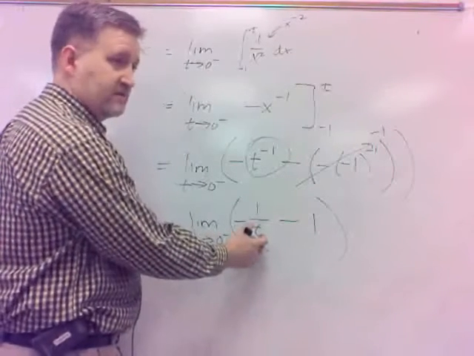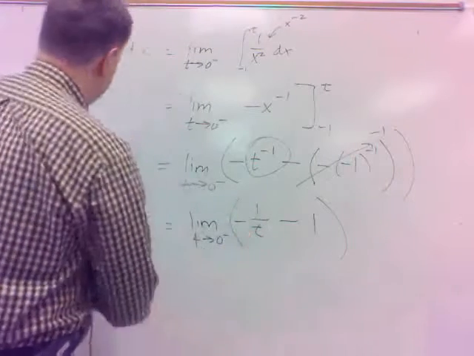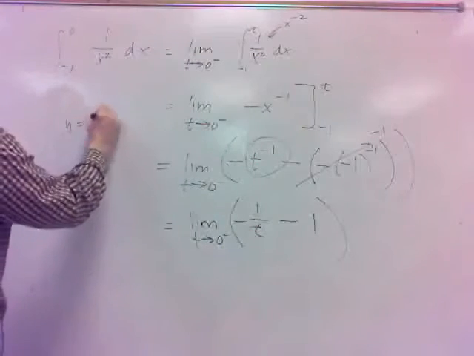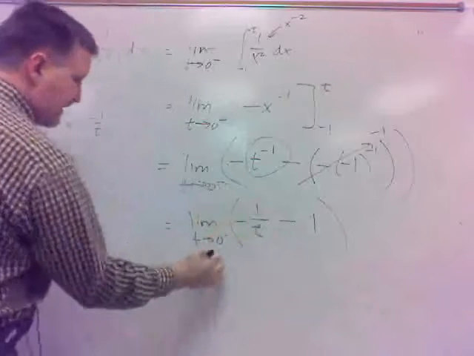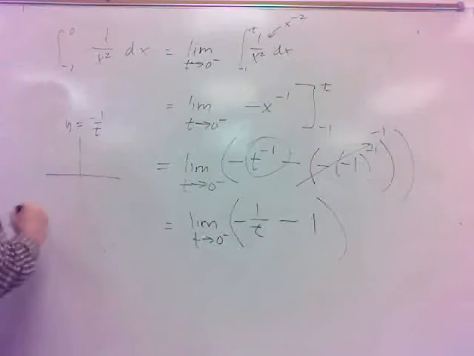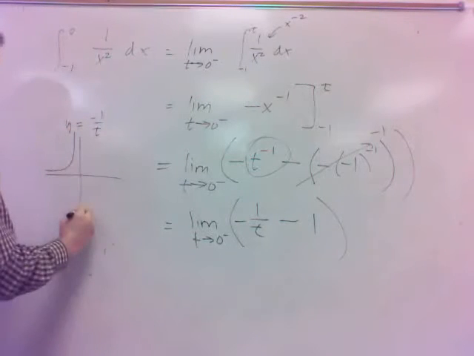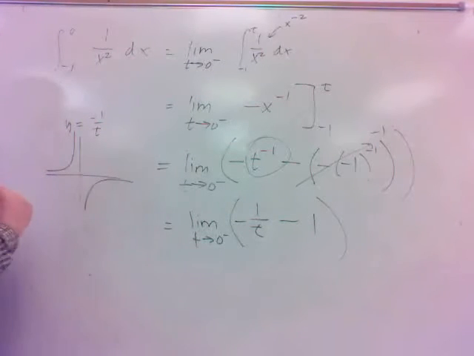Negative 1 over t. If nothing else, just graph this part of it and see what happens as you go to 0 from the left. Negative 1 over t. That's looking a lot like infinity, isn't it?